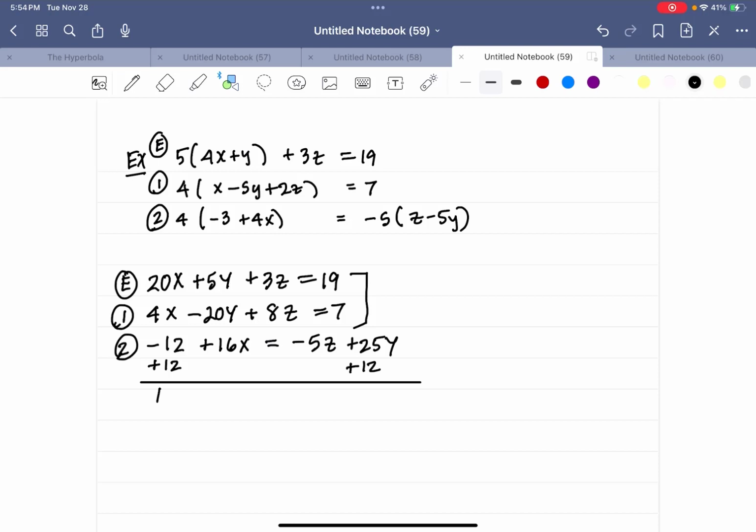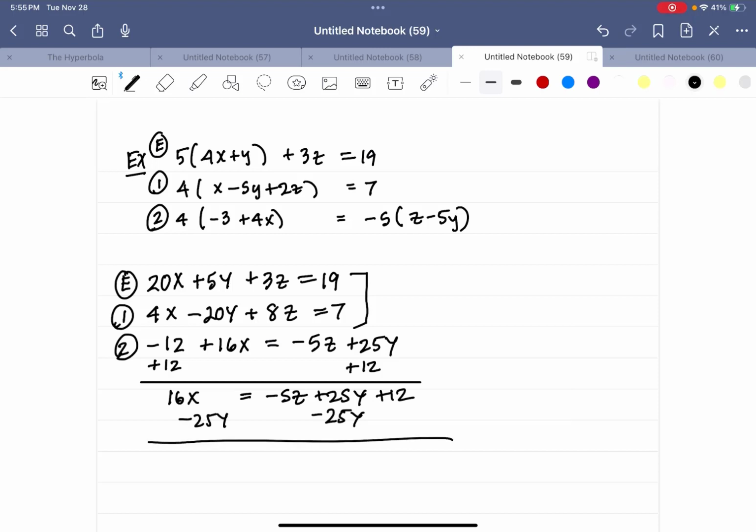That's going to give me 16x equals negative 5z plus 25y plus 12. I'm going to subtract a 25y. That's going to give me 16x minus 25y equals negative 5z.